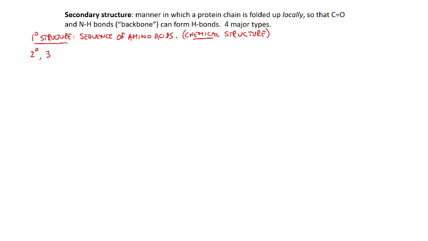There's secondary structure, tertiary structure, and quaternary structures. Each of these defines the conformation of the polypeptide chain in different senses. So we've already talked about what primary structure is. Let's talk about what secondary, tertiary, and quaternary structures mean.